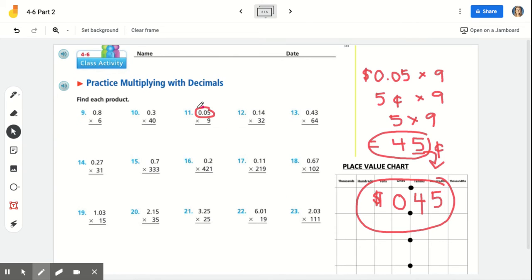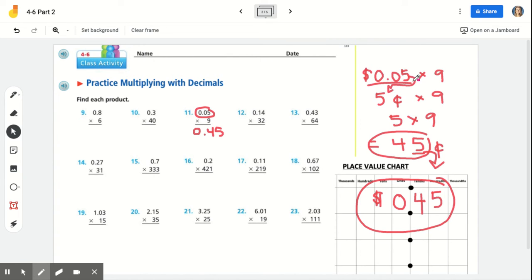So we could say our answer then for 5 hundredths times 9 is equal to 45 hundredths. That's the answer. And what steps are we going to follow, for example, when we get to these really big digits? Well, what we did for 5 hundredths is we turned it basically into a whole number.